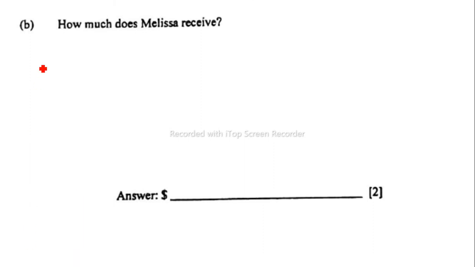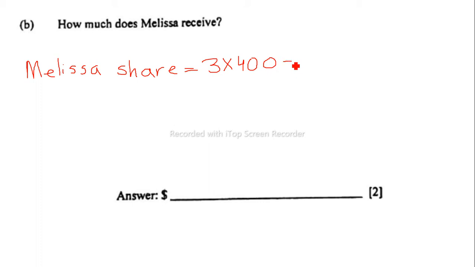So Melissa's share is going to be equal to 3 times 400, which is going to be 1,200. So that's what we got for this one: $1,200.